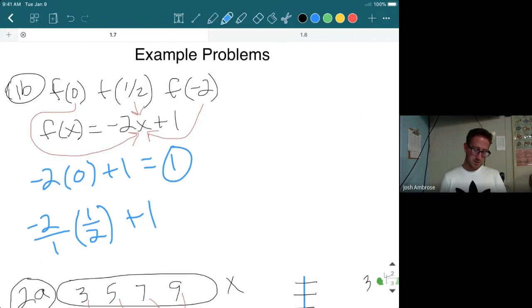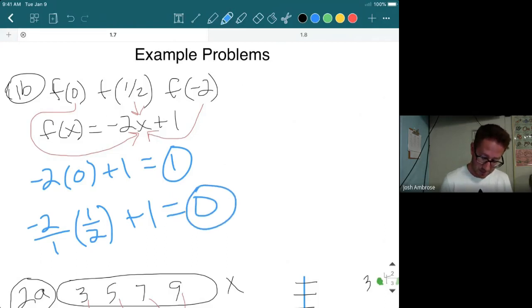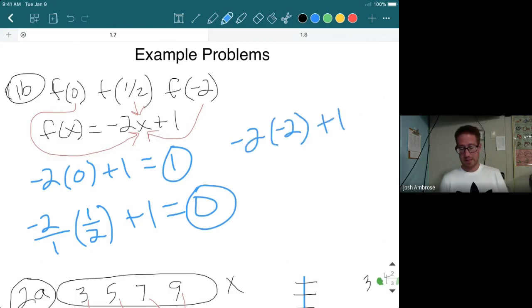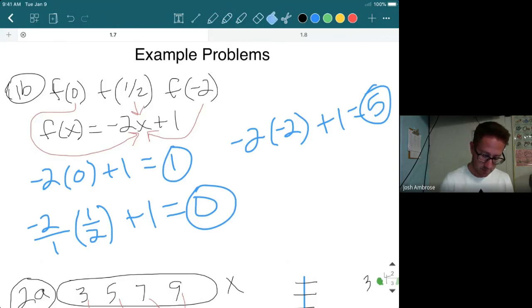Negative 2 times a half is negative 1, plus 1, just 0. And the final one, negative 2 times another negative 2, add 1. That's going to be a positive 4, add 1, and get 5. Simple enough. Basic algebra, plug it in, get the answer, move on.